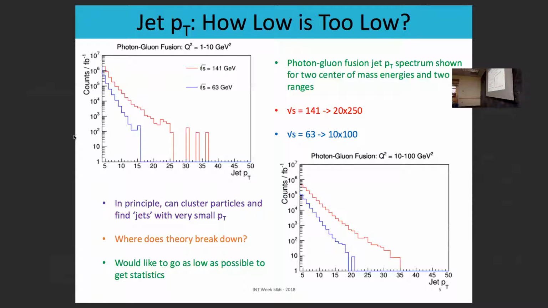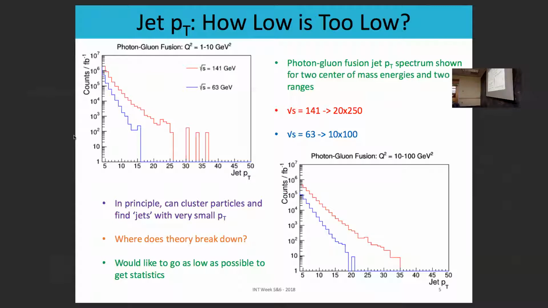In principle, I can take a jet finder and I can cluster whatever I want and call it a jet, but at some point it stops being a useful object. So how low in pT can we go before that jet stops representing the parton, or where does the theory start to break down?